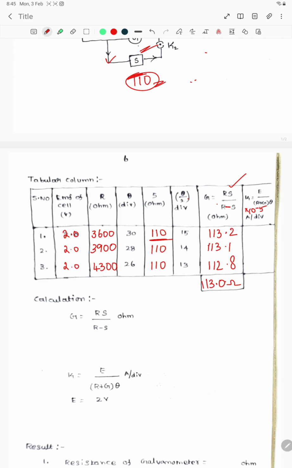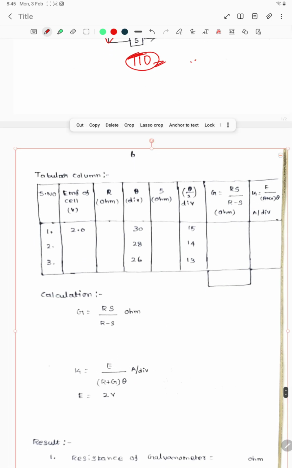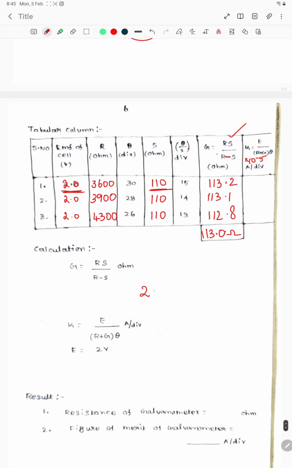Now, to find the figure of merit, once again let me show you how to use the calculator. The formula is E by R plus G, into theta. What you have to do in the calculator: what is the EMF value here? EMF value is 2. So 2 divided by, then you will open two brackets.